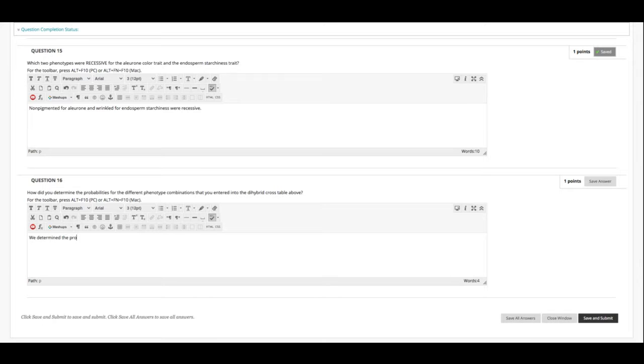Determine the probabilities for the different phenotype combinations based on the Mendelian genetics. Mendelian genetics.